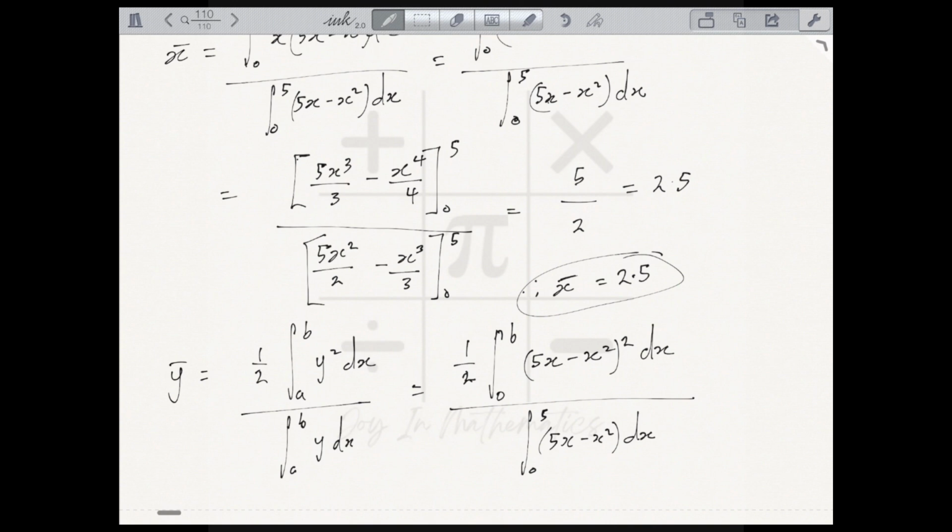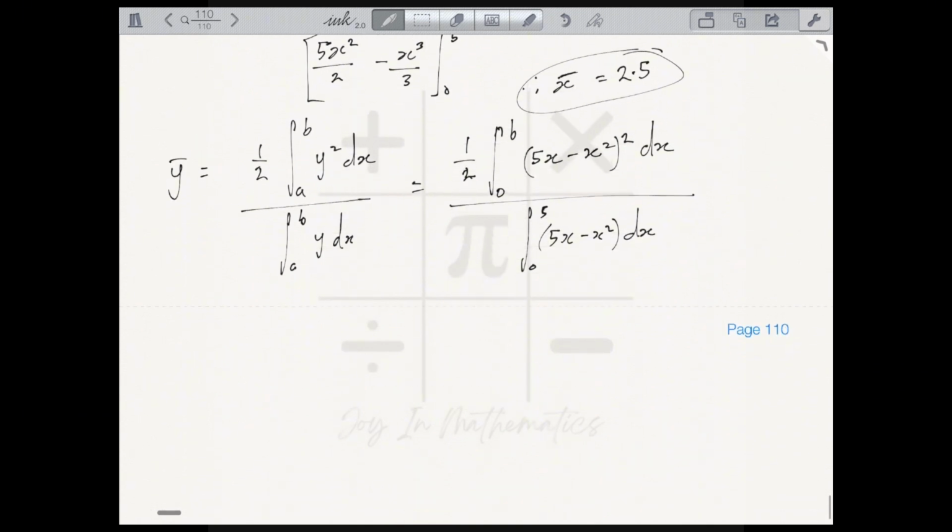So with this done, we simplify our numerator. That means we are going to open the bracket, squaring 5x minus x squared.